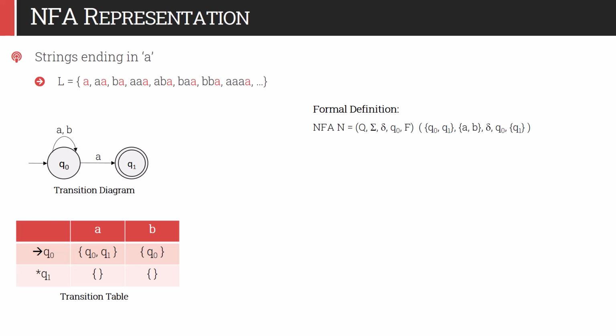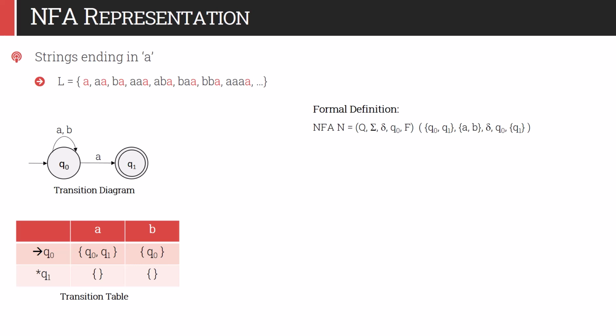Formal definition, we have already seen that NFA is defined by 5 tuples Q, sigma, delta, Q0, F. And as we can see from the transition diagram, capital Q is 2 states, Q0 and Q1. Then the input alphabet sigma is A comma B. The transition function delta is defined by the transition table.